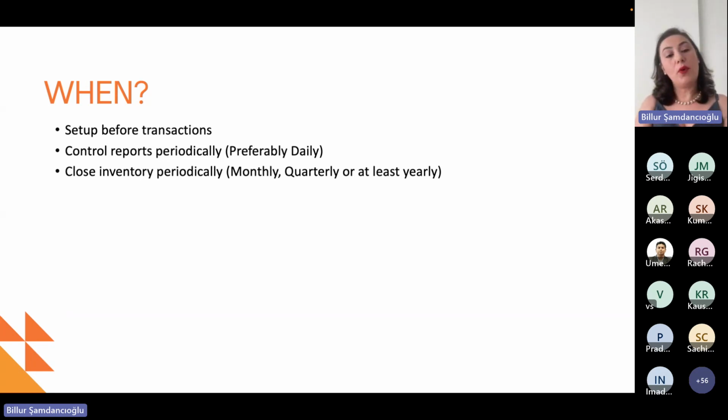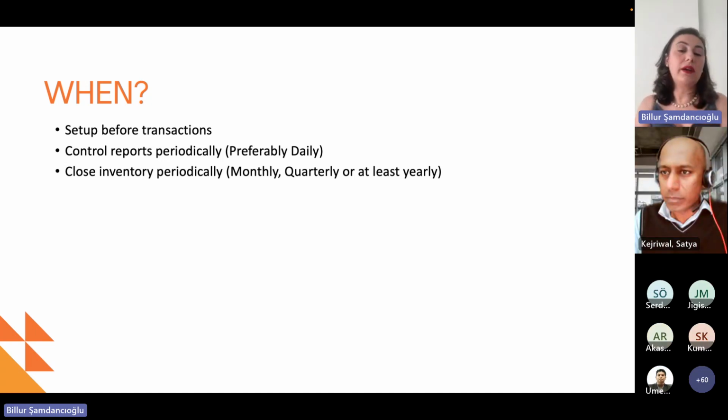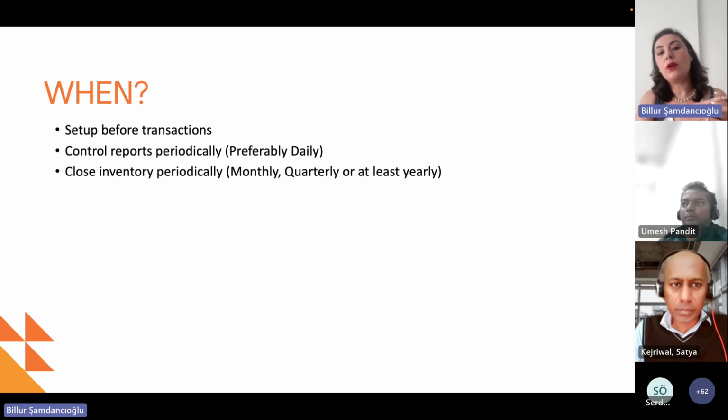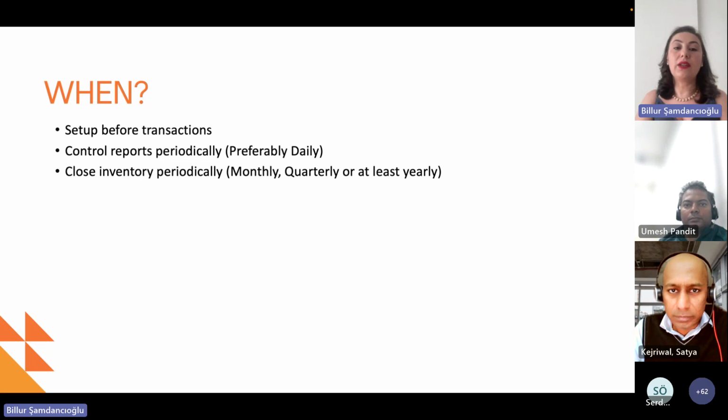So all the operational reports should preferably be controlled daily, like what did I produce, how much did I consume, or how much expense do I have, like checking the trial balance, or controlling the manufacturing reports, or checking the sales order reports or purchase order reports, etc. Or else when you come to the end point, it will be rather hard to correct all the month's data backwards.